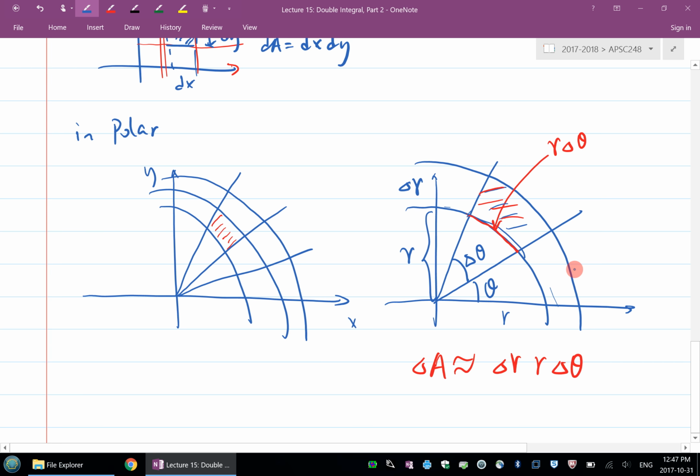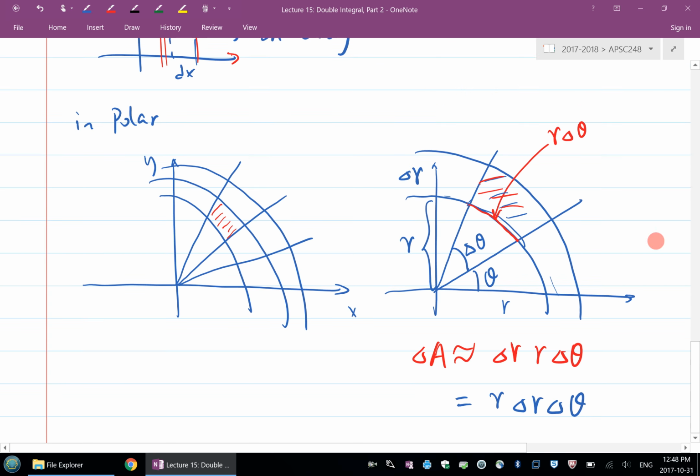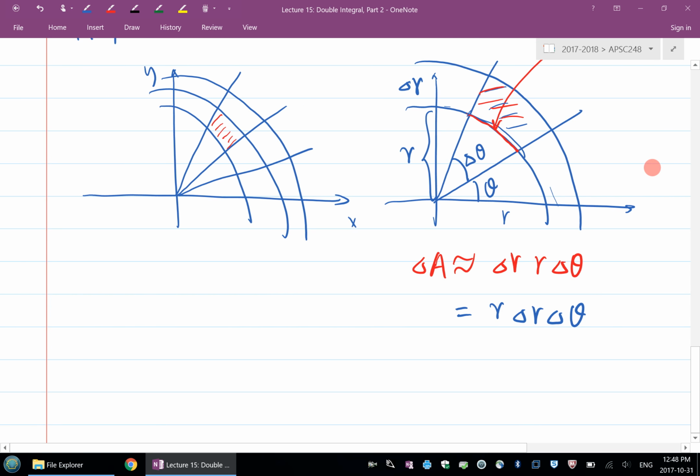And you can imagine if your sectioning process uses infinitely smaller sections, the delta will become a straight d, and this delta also becomes a straight d. So the differential area in the polar coordinates is dA equal to r times dr times d theta.